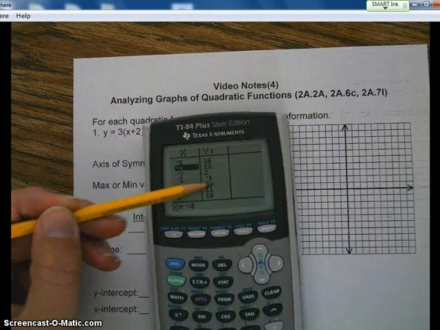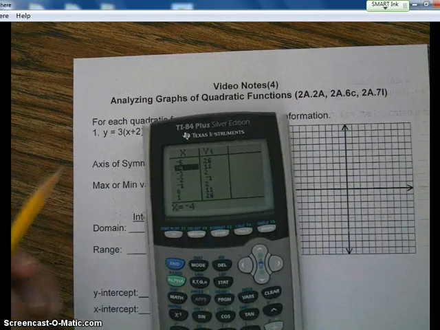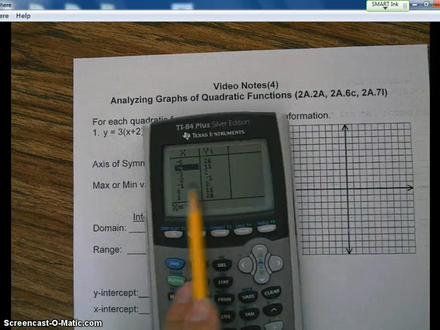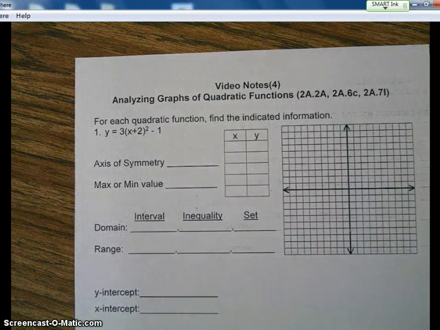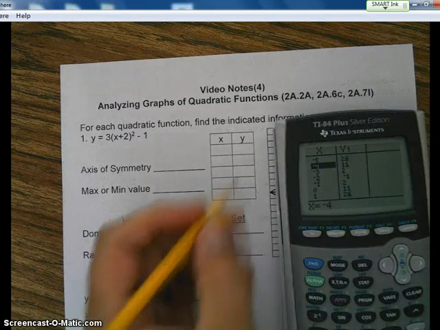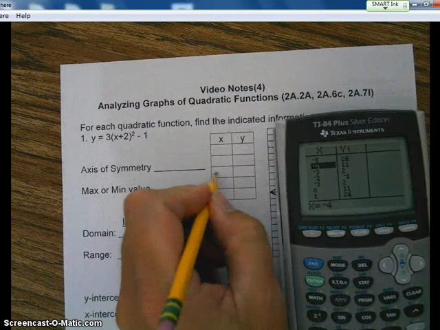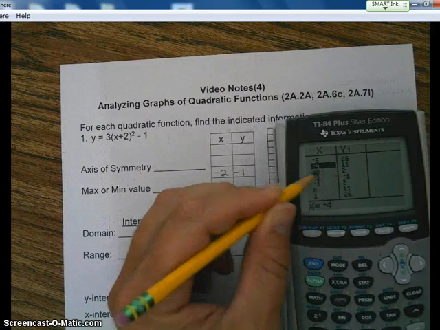See the 2 and the 2, the 11 and the 11, 26 and 26. So right in the middle is your vertex. So -2, -1. We're going to use these points right around the vertex. So I'm going to put the vertex in the middle, and then do one on each side.